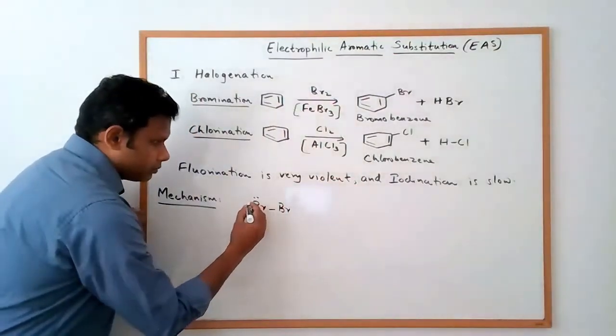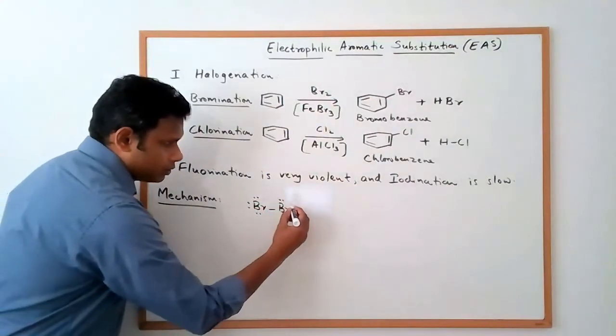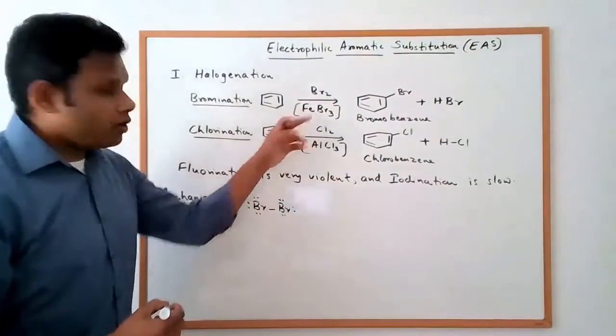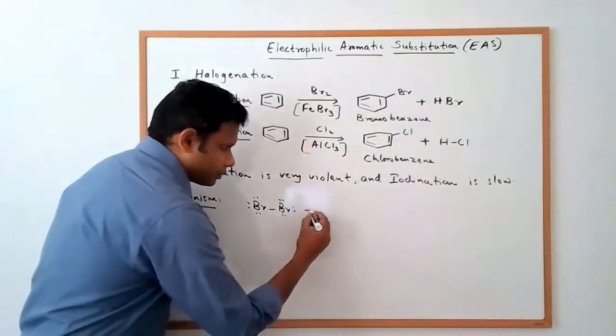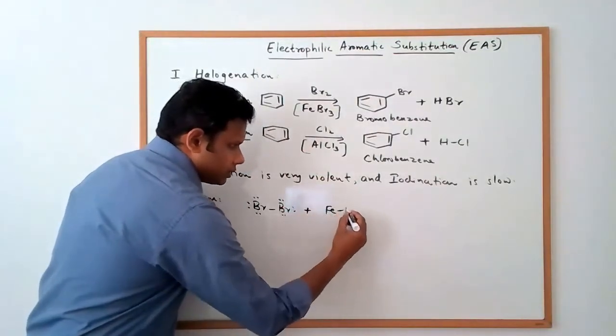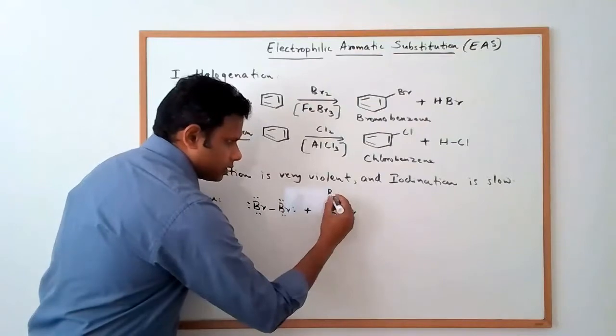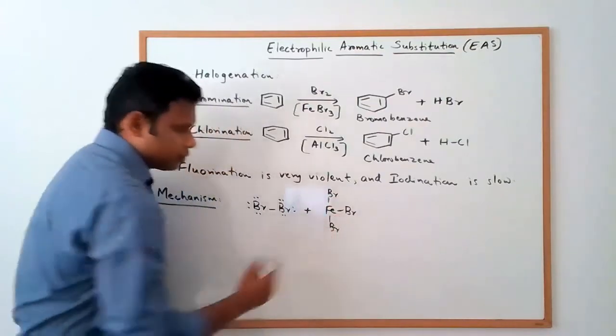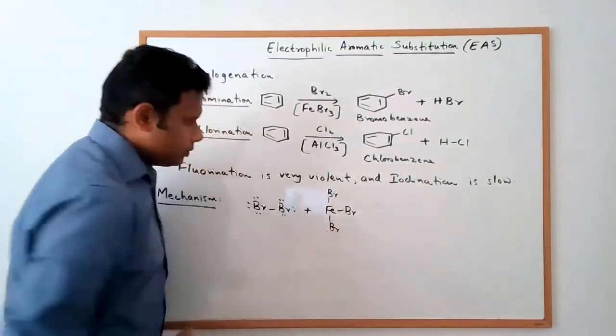So the bromine molecule, in presence of metal catalysts like FeBr3, which we can simply write like that, the FeBr3.